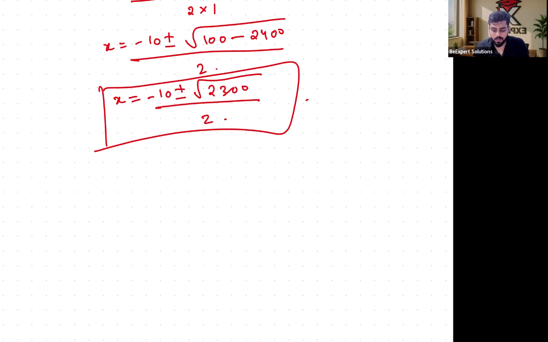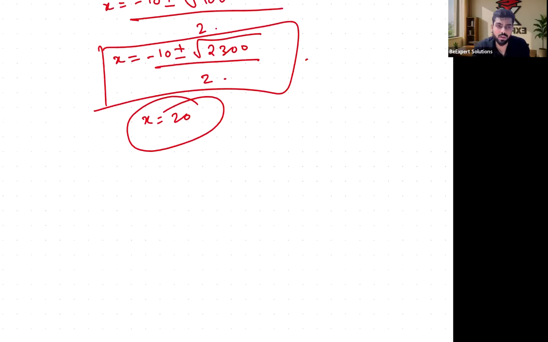So I'm getting 20 as the value of x. So that's your original speed, guys. New speed would be 20 plus 10, so that would be 30 as the new speed. So that's how you can find out the thing.